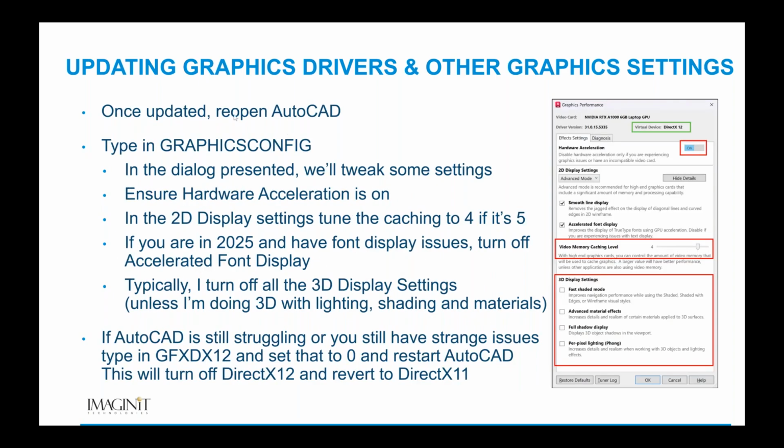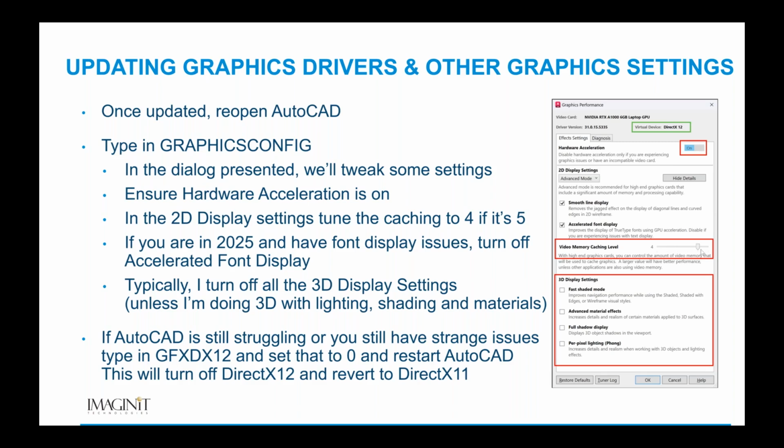So once you've updated the graphics driver, reopen AutoCAD, open up a blank drawing, and then type in GRAPHICSCONFIG. Now in this dialog that comes up, we're going to talk about some settings we want to tweak. The first thing is make sure hardware acceleration is on. In the 2D display settings, tune the caching to 4 if it's 5. The reason we do this is that we don't want to try and cache everything to the video card, because we leave nothing for any other programs you're running to utilize.